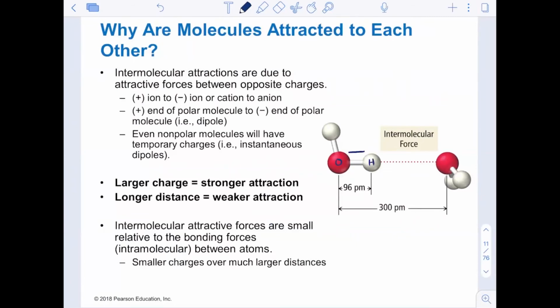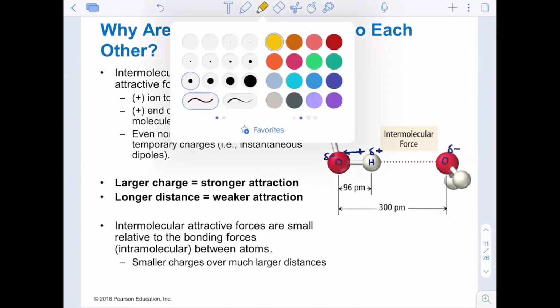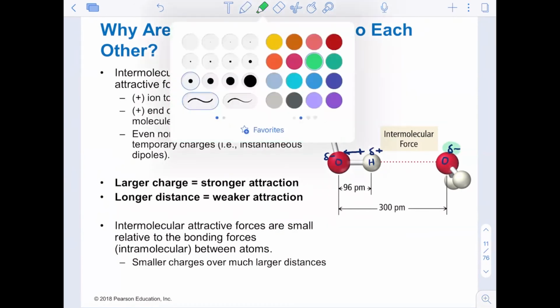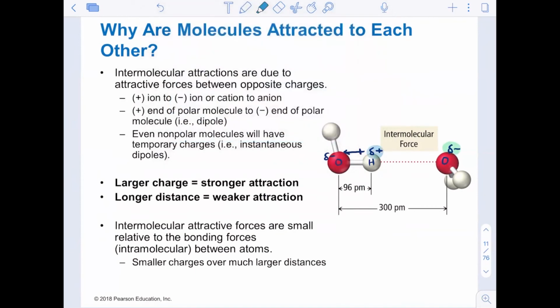We know that that is a polar bond. Oxygen is a little bit more negatively charged than hydrogen. Now, these aren't ions, these are polar covalent bonds. And when that happens, the oxygen of one molecule with its delta minus can be attracted to the hydrogen of another with its delta plus. And that is the intermolecular force, all right?